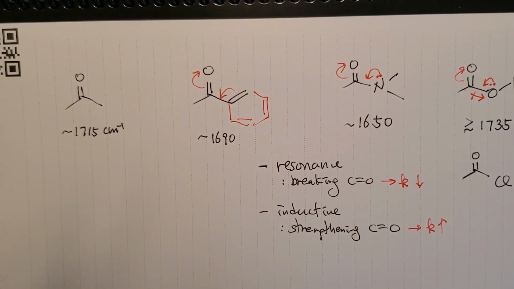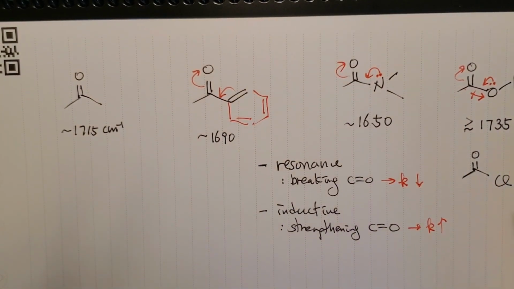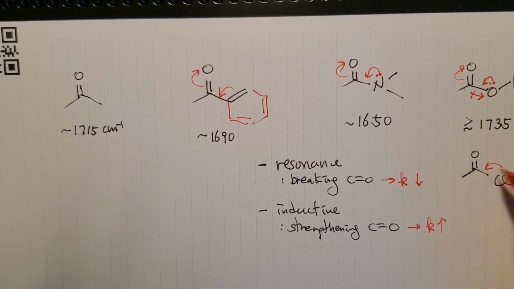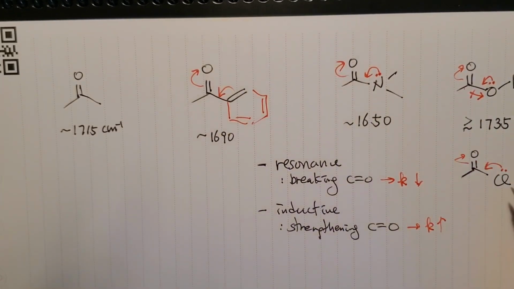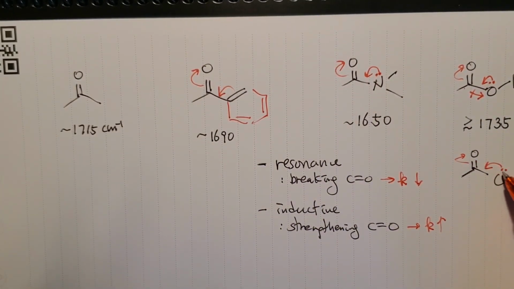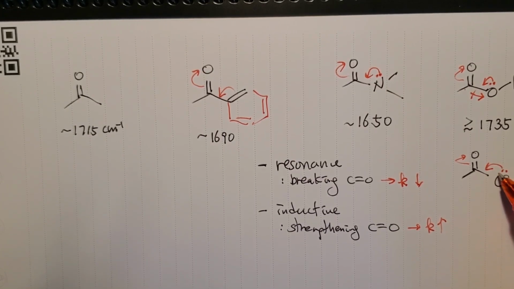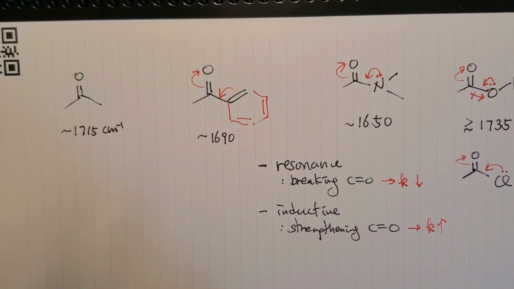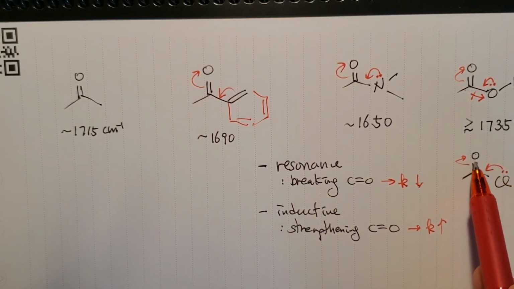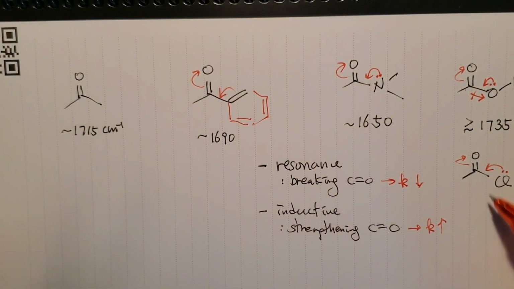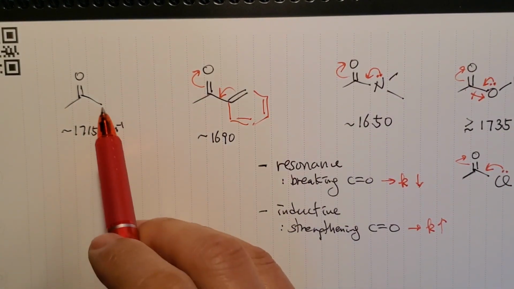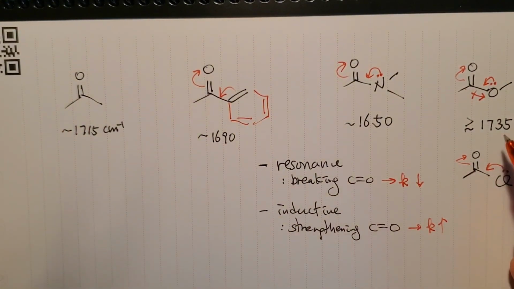Okay, so resonance. Yeah, chlorine can do resonance. However, you know chlorine is not a good base. They don't donate electrons, not even as good as oxygen. You know it from our earlier study. So resonance is not working much, so the bond weakening is not there. However, chlorine is quite electronegative compared to the carbon and the hydrogen, so there is some bond strengthening effect without any resonance, right?